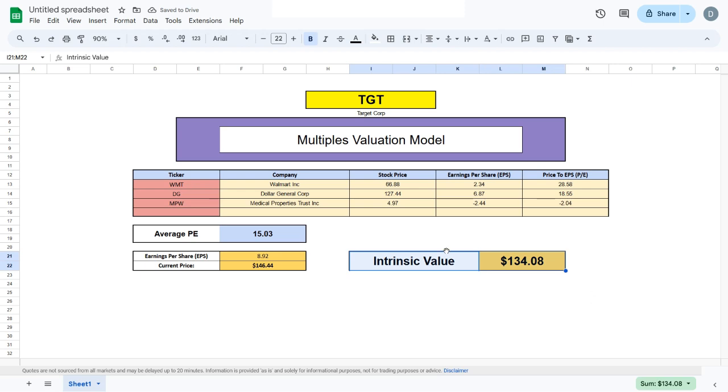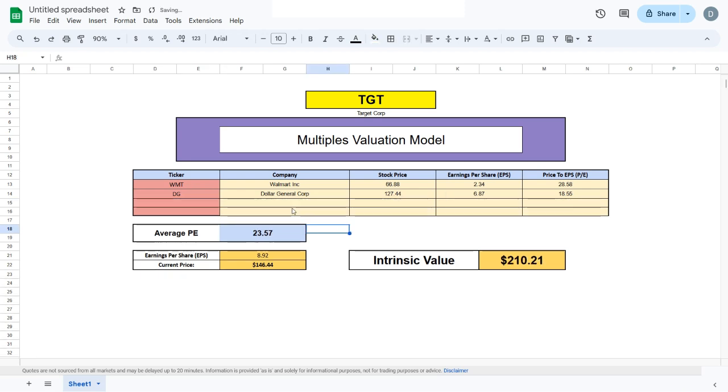Now normally the intrinsic value should have gone up because MPW is essentially going into debt, which would mean that Target has higher earnings per share. But as our average takes the negative as a low number, the average PE goes down, and therefore when you multiply the average PE with the earnings per share, the intrinsic value comes out less than if we weren't to have this company. So don't use companies with negative earnings per share as it messes up the valuation.